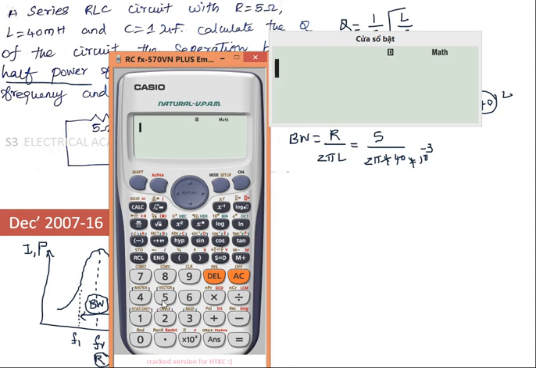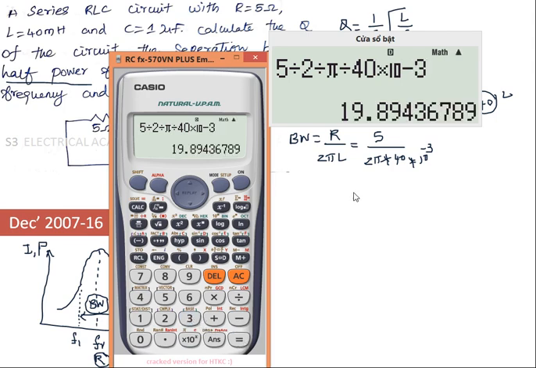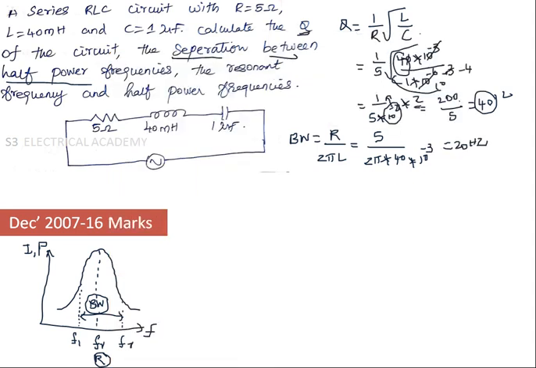So 5 divided by 2 pi into 40 into 10 power minus 3, which is equal to 19.89, almost equal to 20 hertz. So second part, bandwidth is equal to 20 hertz, that is the separation of half power frequencies.